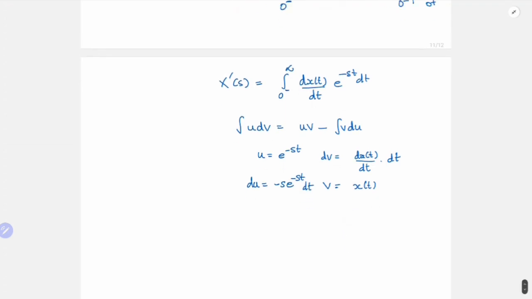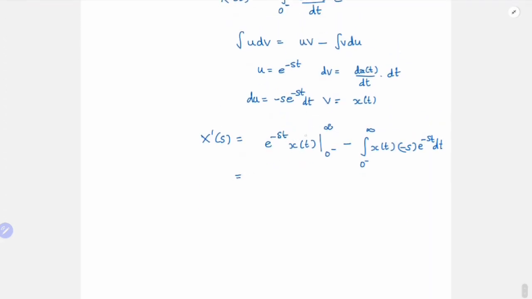So now I can apply this formula. My uv is nothing but e power minus st, x of t, and my integrating limits is 0 minus to infinity, minus integral v du, x of t minus s e power minus st dt, again 0 minus to infinity.